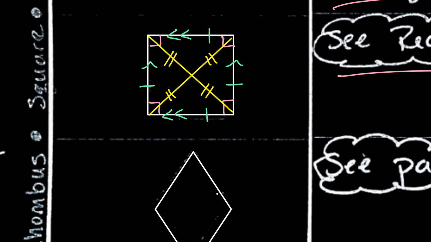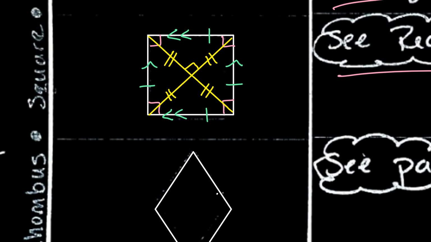Those lines are perpendicular, actually. This is a 90-degree angle right here. Whoa, all the other ones are also 90 degrees, yes, in the center.